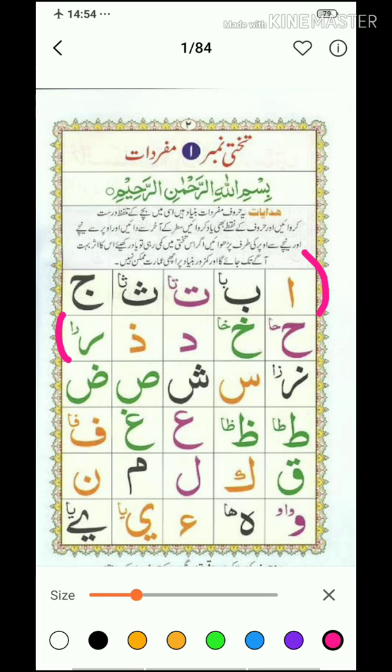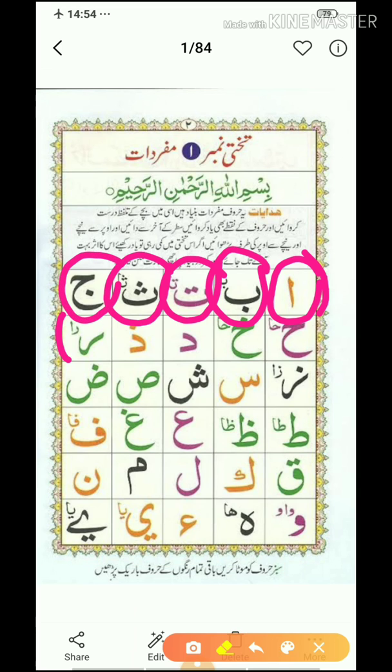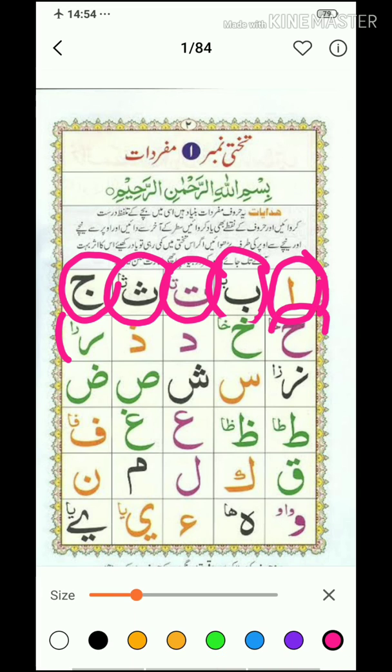So we learned how to pronounce Alif, and in my first part you pronounce this letter. Then we pronounce Ba, then Ta, Sa, Jim. Then we read Ha, Kha, Dal.